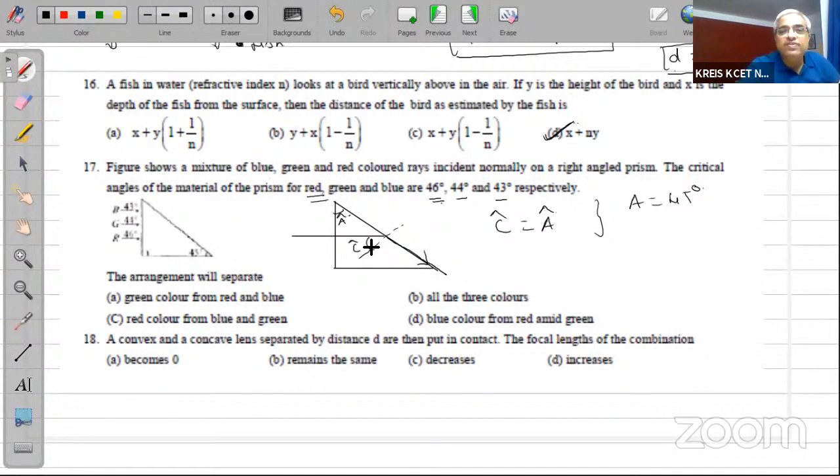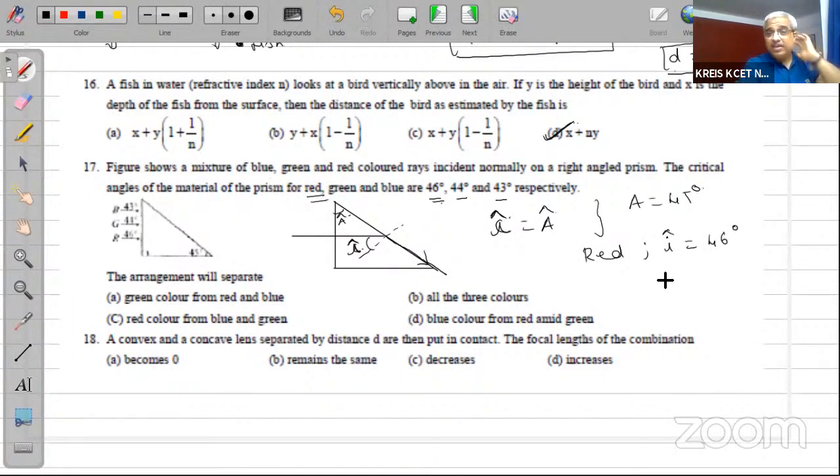So this angle of incidence here will be equal to 45. This angle I here will be equal to A. So the red will be incident at an angle of 45 degree.